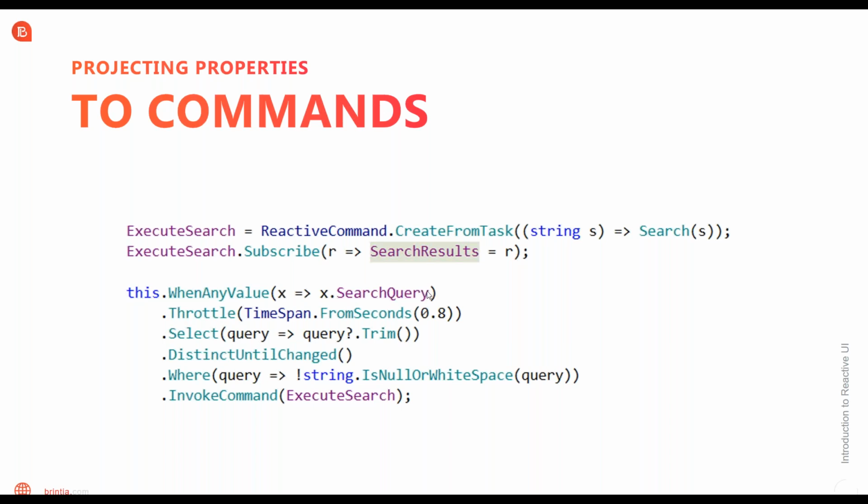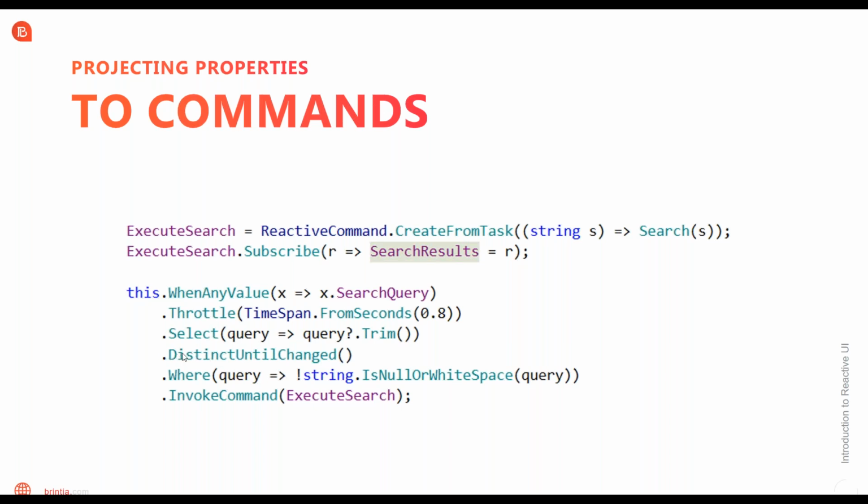It's meant to be read in this way, starting from the top line. We are creating this observable, and this observable will be created from the previous one, and the select one will be created from the throttle one, and the distinct until changed will be done the same way. So we will apply the operators.